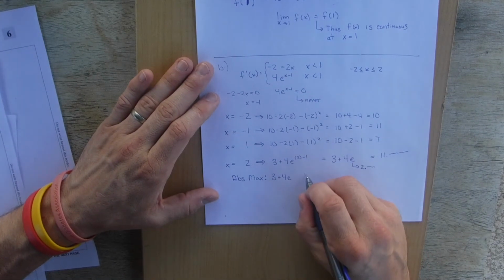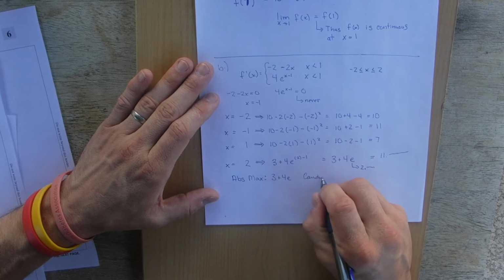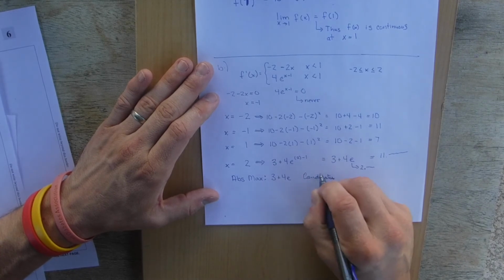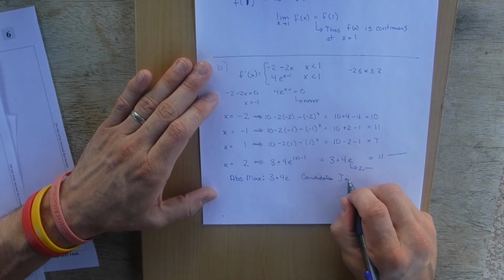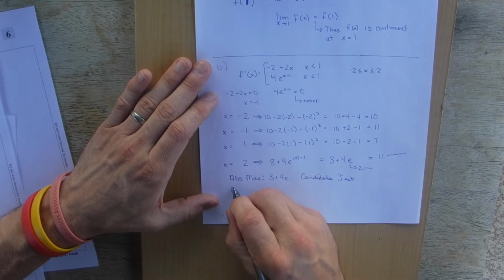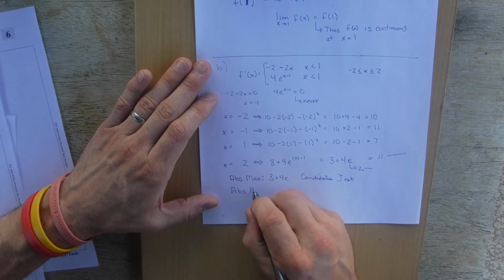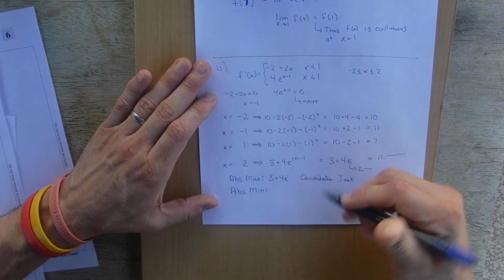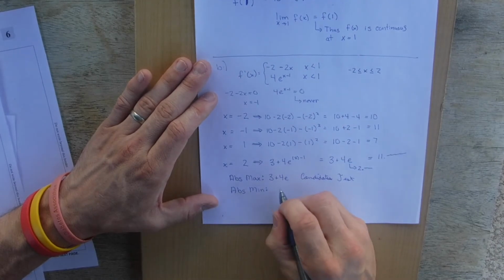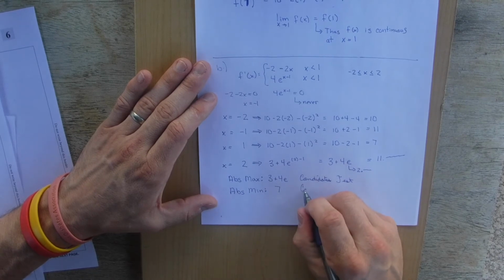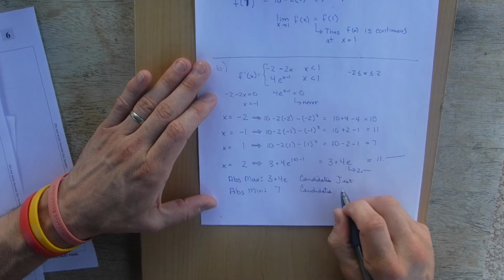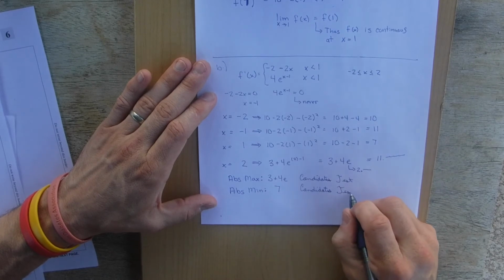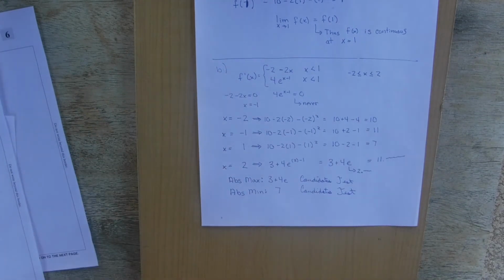Okay, candidates test. And I'm not sure if I spelled that correctly. Whatever. Absolute min is the smallest of all the important stuff, and that would be 7. And again, I use the candidates test. Booyah!